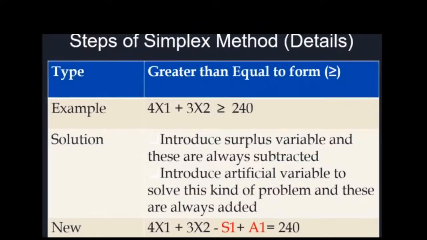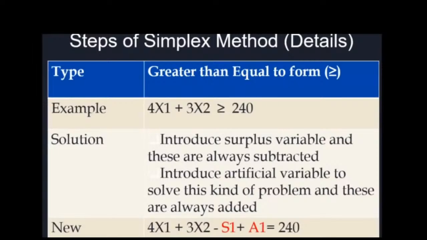Now we have another form, the third one, which is the greater than or equal to form. For example, 4x1 plus 3x2 greater than or equal to 240. Whenever we have a greater than or equal to form, we introduce a surplus variable, and surplus variables are always subtracted, so our new equation will become 4x1 plus 3x2 minus s1.